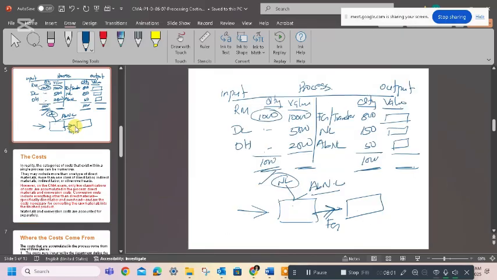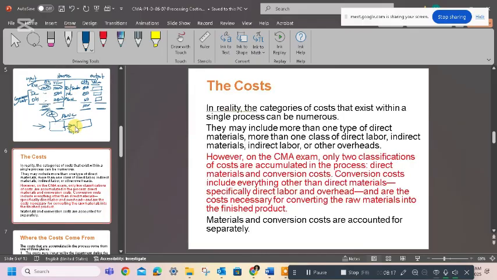What is conversion cost? Labor and overhead together, you call it conversion cost. So they say direct material and conversion cost are the only two we will be having in our questions. Conversion cost includes everything other than direct material, specifically direct labor and overhead.